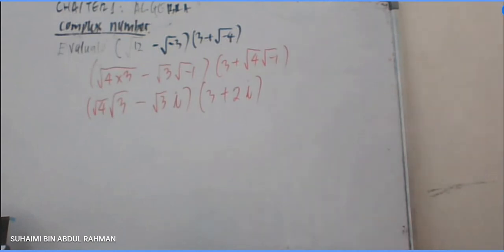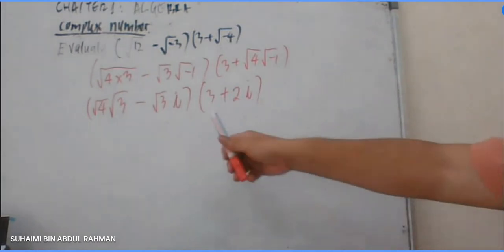So we have square root of 4 times square root of 3 minus square root of 3i, times 3 plus 2i. Right.